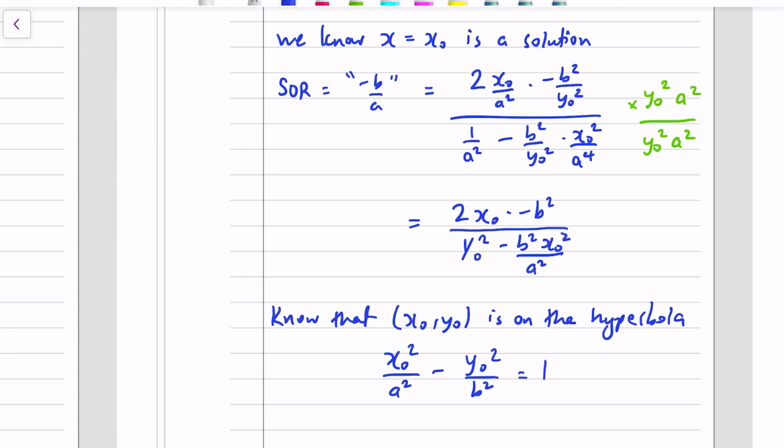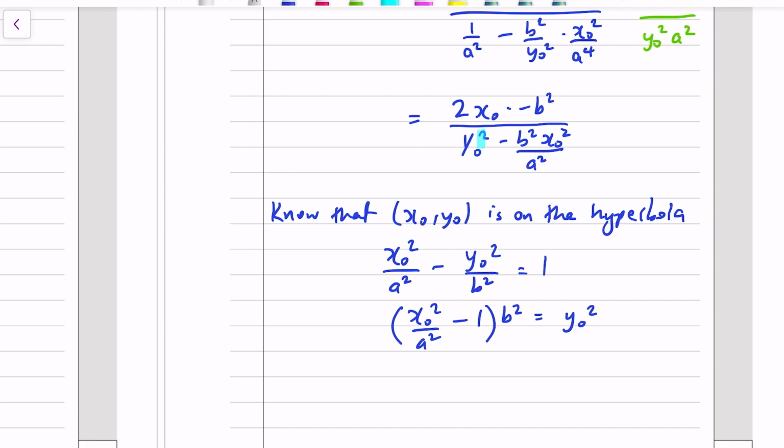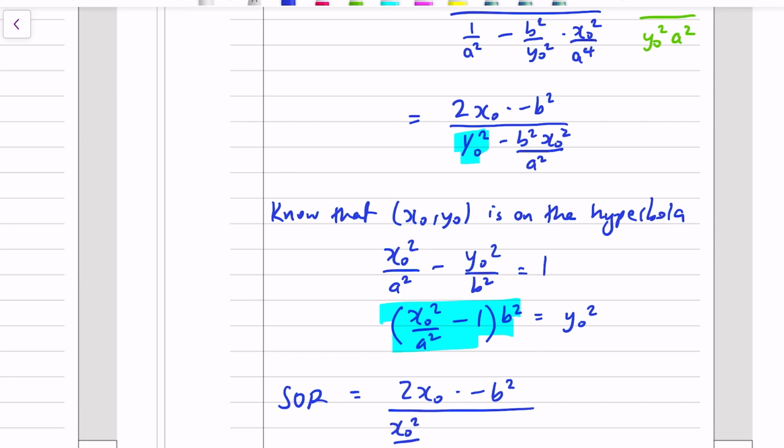Okay, so how's that going to help? If I make y naught squared the subject of this equation, x naught squared over a squared minus 1 all times b squared, that's equal to y naught squared. If I then dump that into there, this whole thing, the sum of the roots is equal to 2 times x naught times minus b squared all over x naught squared over a squared minus 1 all times b squared minus b squared over a squared x naught squared.